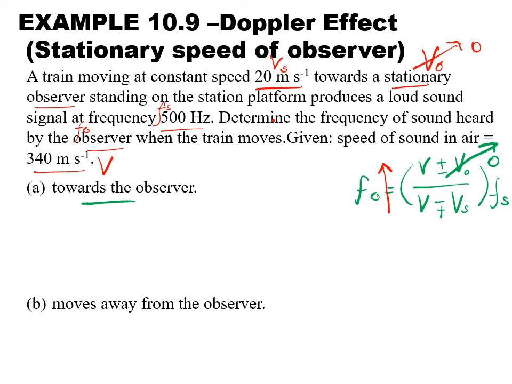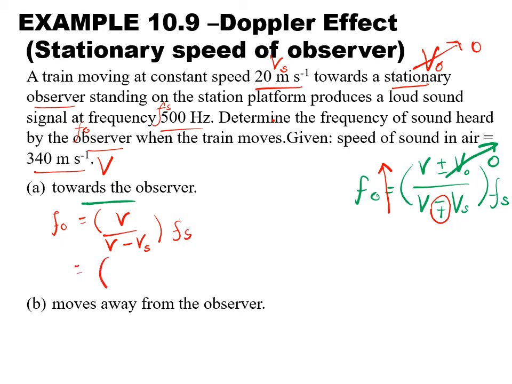The frequency the observer hears must be higher because the sound is approaching the observer. And if the F observer is higher, the V minus plus V source must be minus because we want to increase the F observer. So the new equation you have to write is F observer equal to V over V minus V source times Fs.